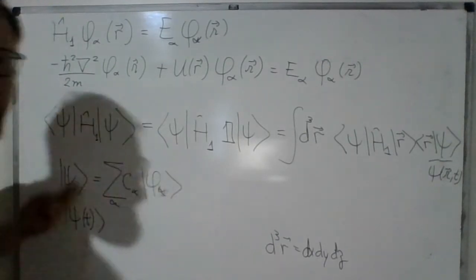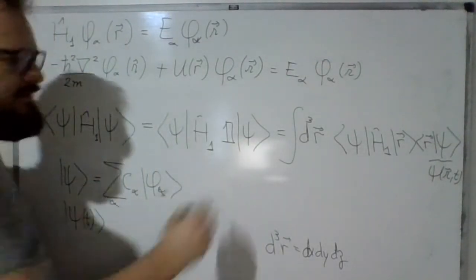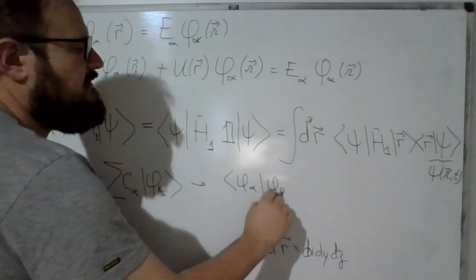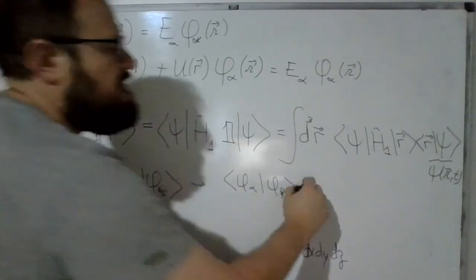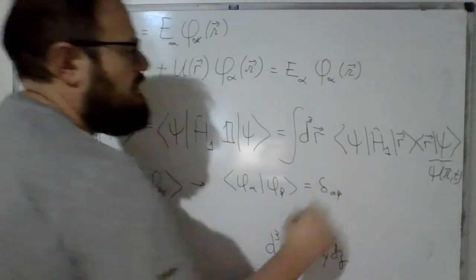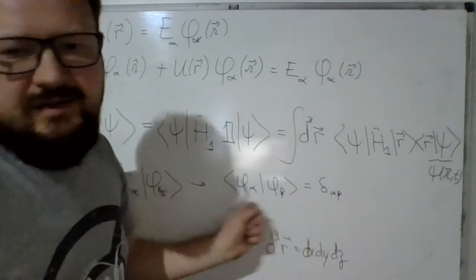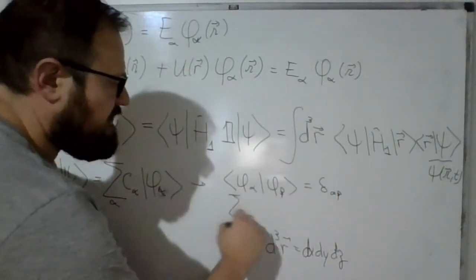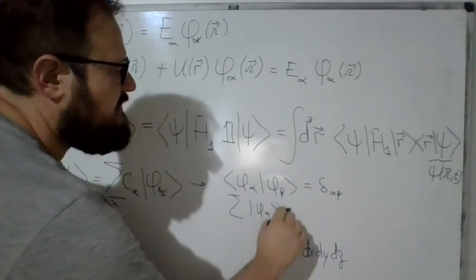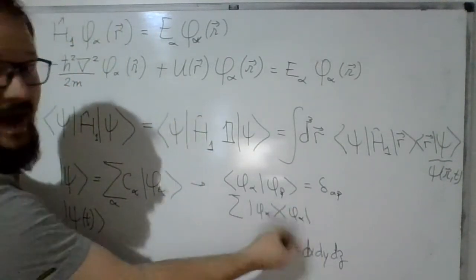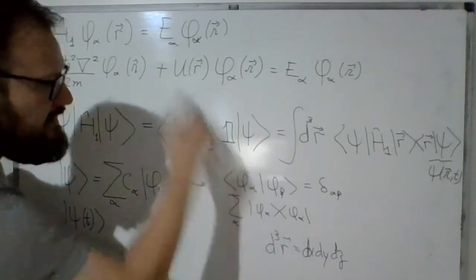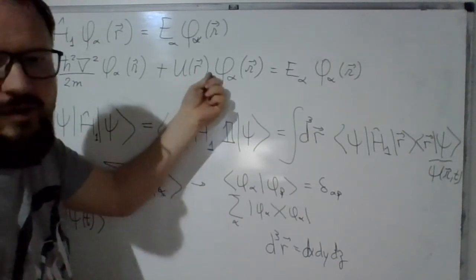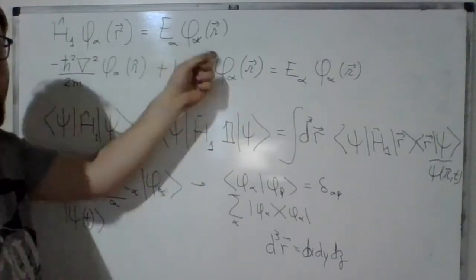A given state can be expanded given a complete basis. So for the sake of completeness here, if you have two distinct states, alpha and beta, you have a Kronecker delta or a Dirac delta if this alpha and beta are continuous indices. And of course, the summation of phi alpha with the phi alpha multiplied in the external product over all the alphas, which satisfy the set of quantum numbers which make it possible to satisfy a single particle Hamiltonian.